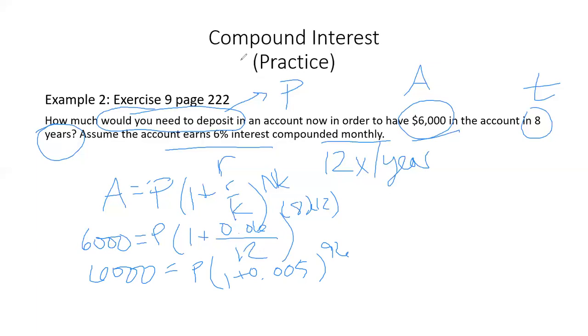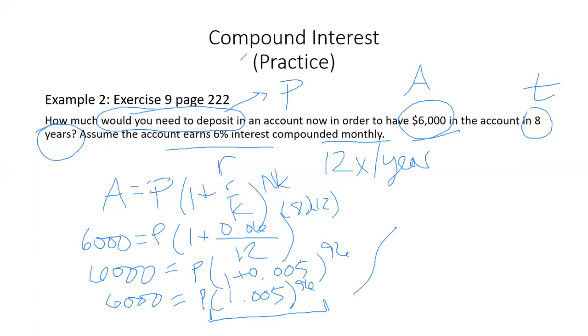Okay, so let's simplify a little bit further. 6,000 is equal to P times 1.005 to the 96th power. Just like before, go ahead and simplify this part in your calculator.